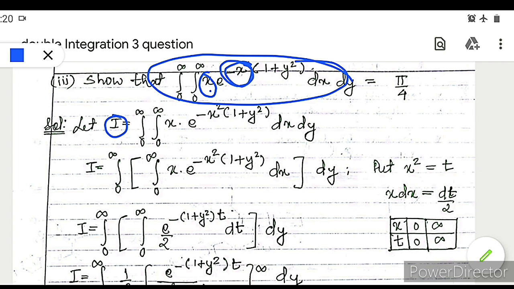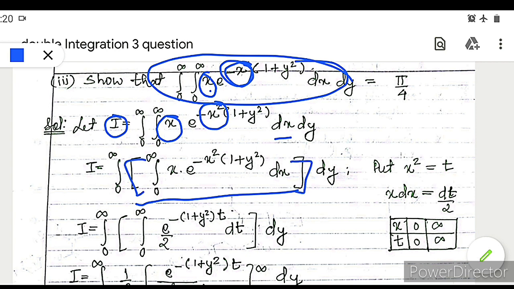Obviously I will try to solve with respect to dx first, because the derivative of x square is in my integrand. So I have separated all the terms in x in one bracket.